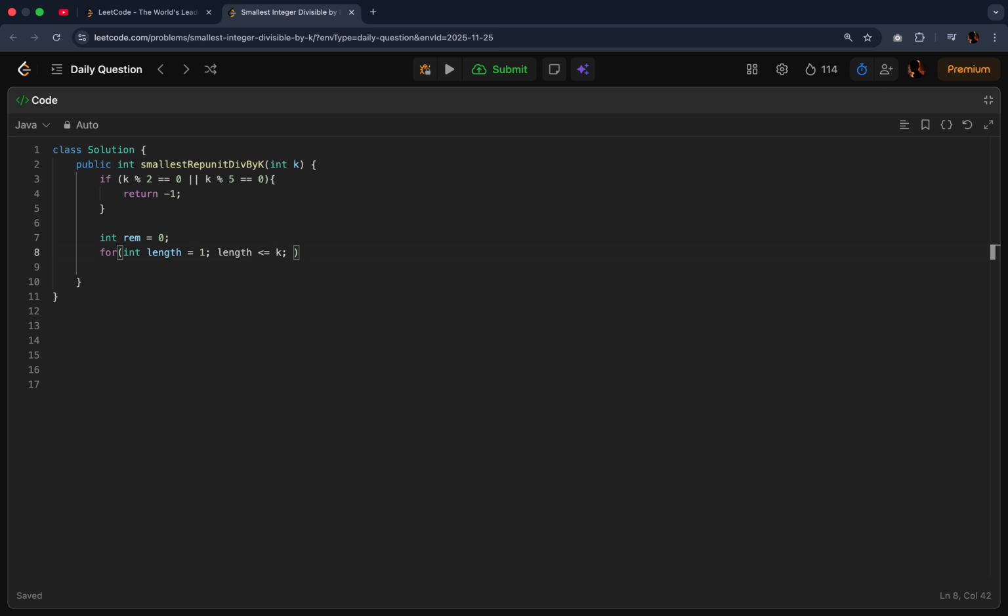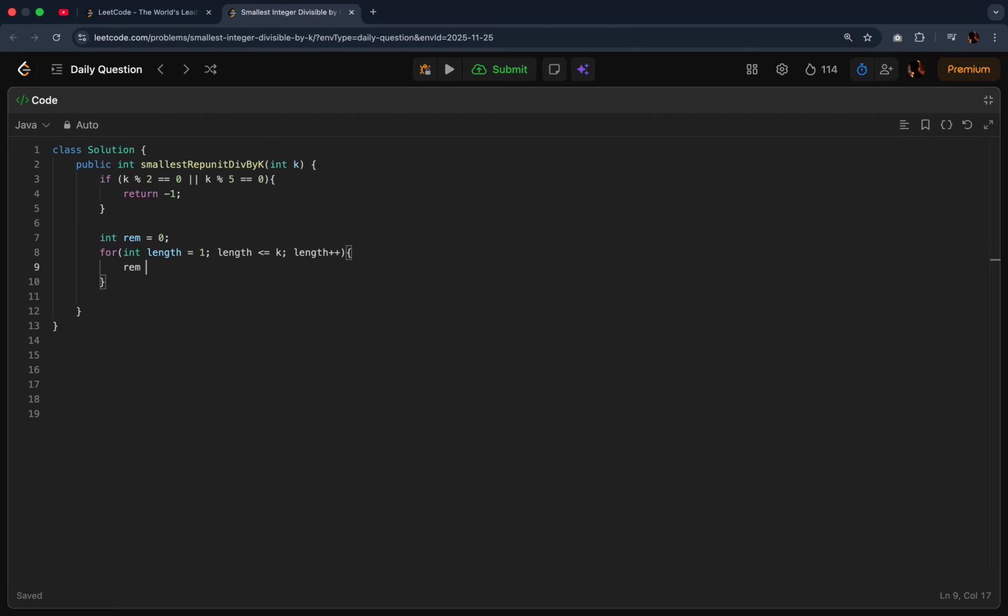We are running a for loop by initializing, then providing a condition, and then incrementing with the post increment operator, if you guys have studied the basics. Here length is the length of the ones, and it should be less than or equal to the input provided, which is k, and then length plus plus. Now inside the for loop we will be writing the real code which will build the next series of ones.